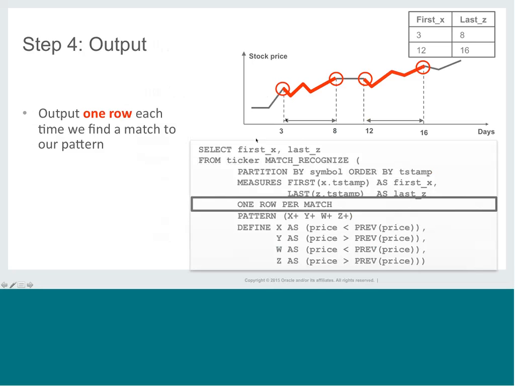In my select statement, I've decided I'm going to return the first starting point of each pattern, my first X, and the last data point for the end of the W. So I just get 2 rows back within my columns. That's my first start date and end date, the second W start date and end date.